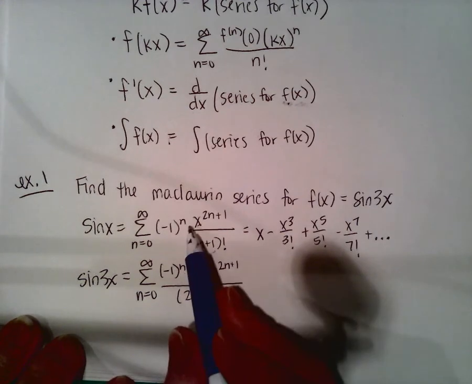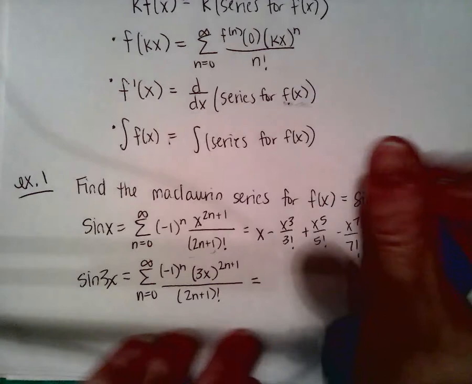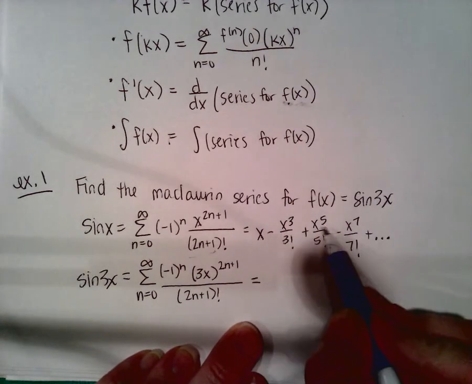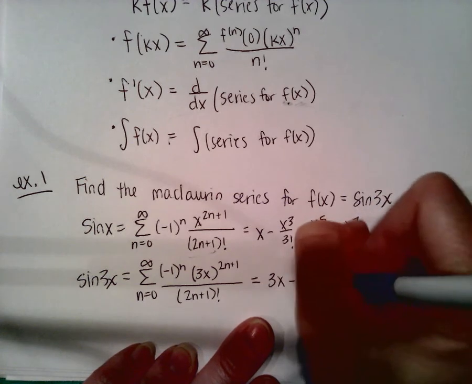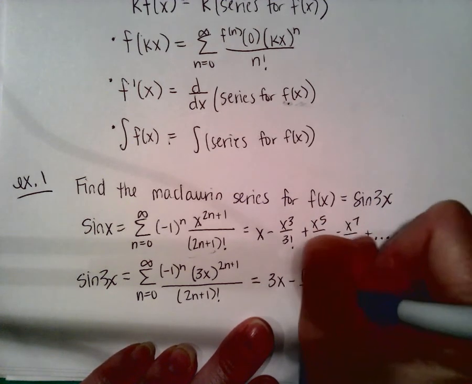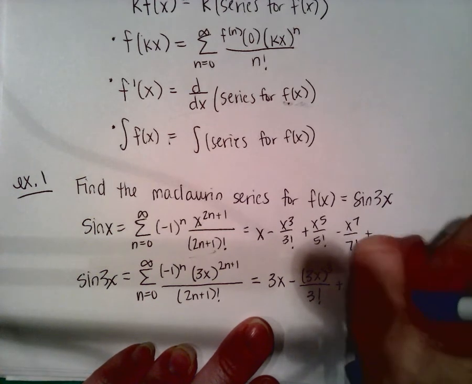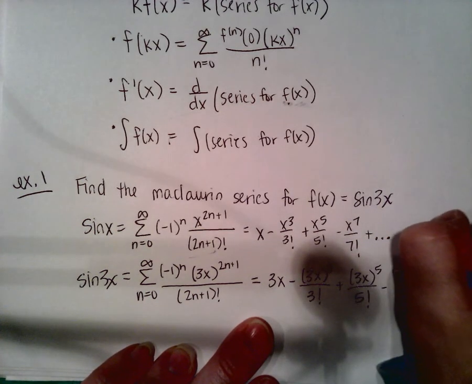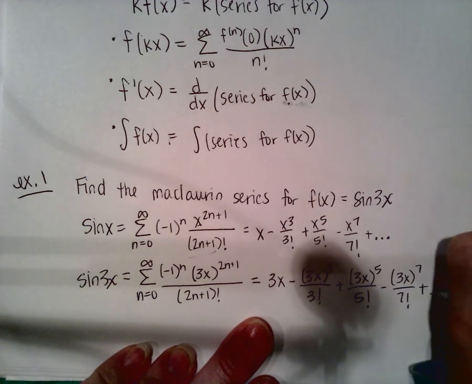Just change the x to a 3x. And in the expanded version, do the same thing. So change every x you see to a 3x. So 3x minus 3x cubed over 3 factorial plus 3x to the 5th over 5 factorial minus 3x to the 7th over 7 factorial plus dot dot dot.